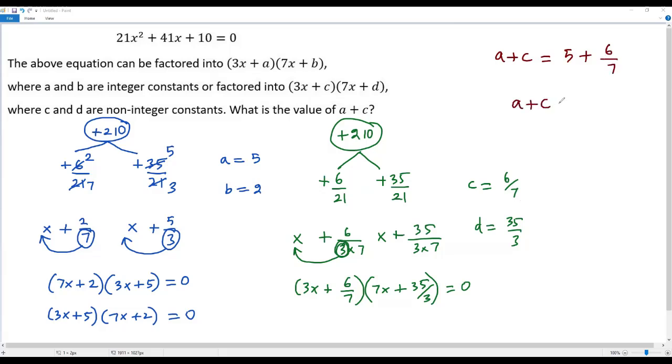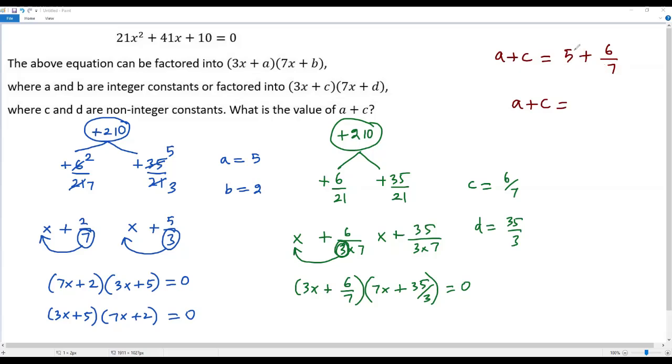So a positive c equals, here I have to add a fraction and an integer. So whenever I want to add a fraction and an integer, or do subtraction between an integer and a fraction, what I need to do is multiply the integer part by the denominator of the fraction. So once I'm done with this multiplication, I can take this 7 as a common denominator.